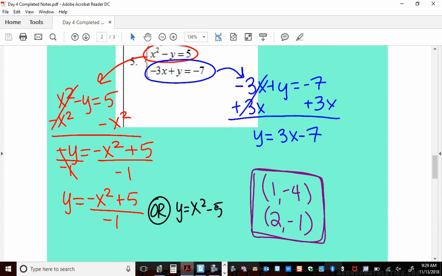All right, so you guys have number 5, right? Here's number 5. Did we get it right? You guys hit this? These two solutions? Yes. 1, -4 and 2, -1.